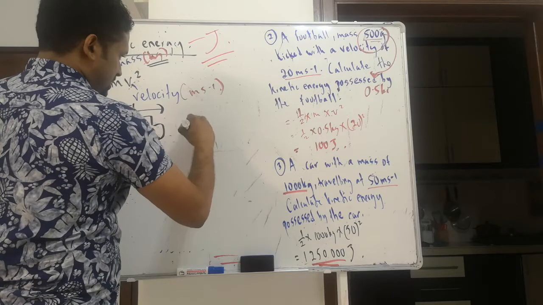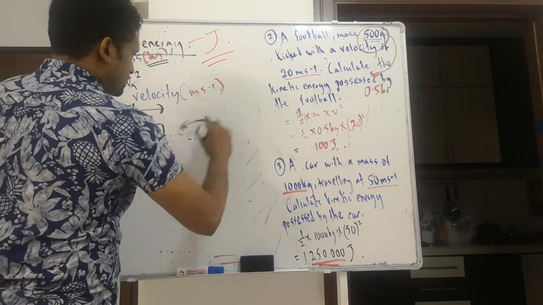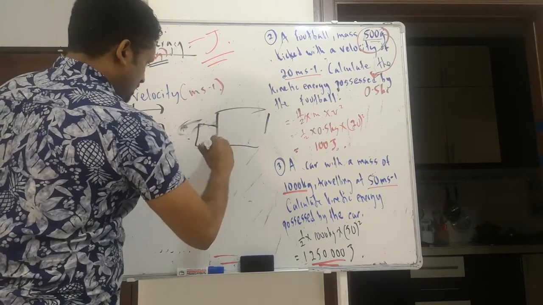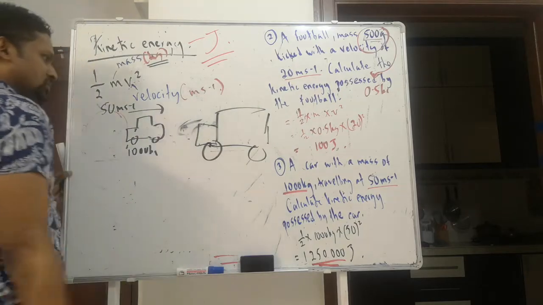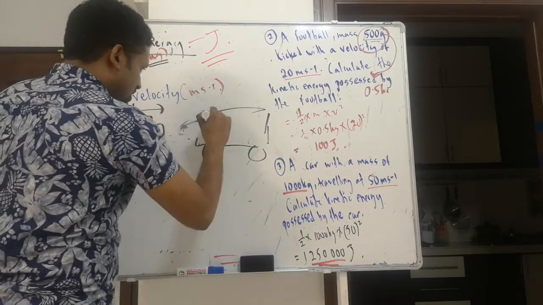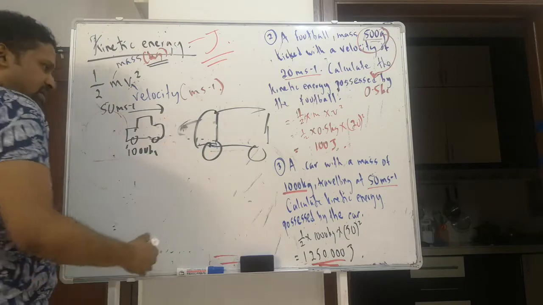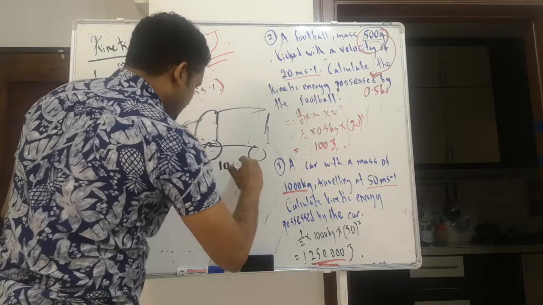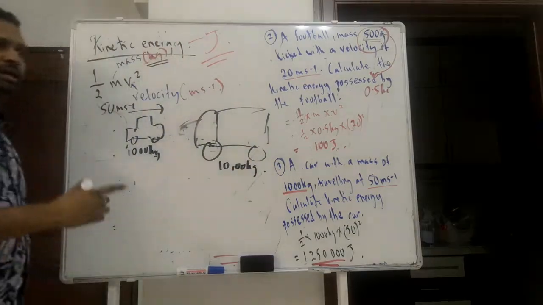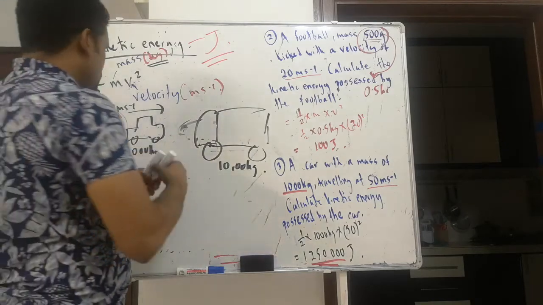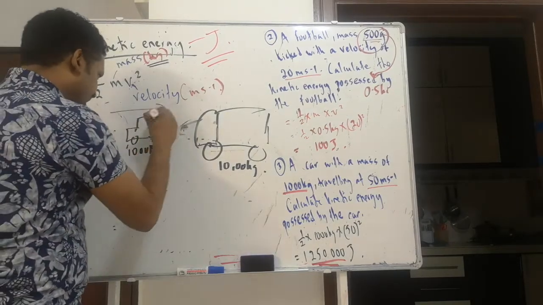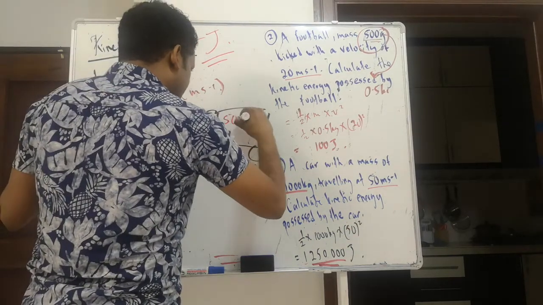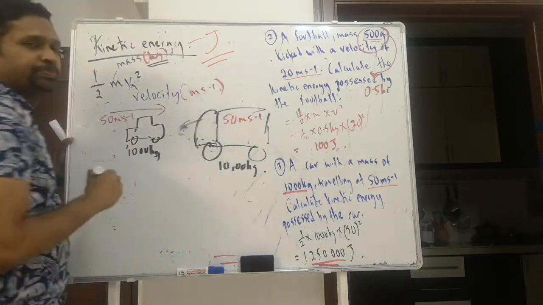Then here, suppose there is a lorry, big and huge, or a bus here. Let's say this one is 10,000 kg. The car is traveling at 50 meters per second, and this lorry is also traveling at 50 meters per second.